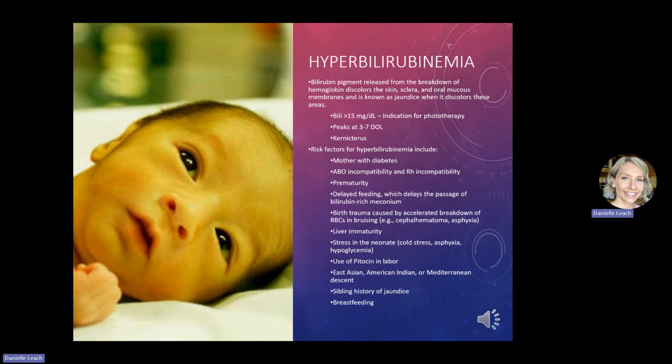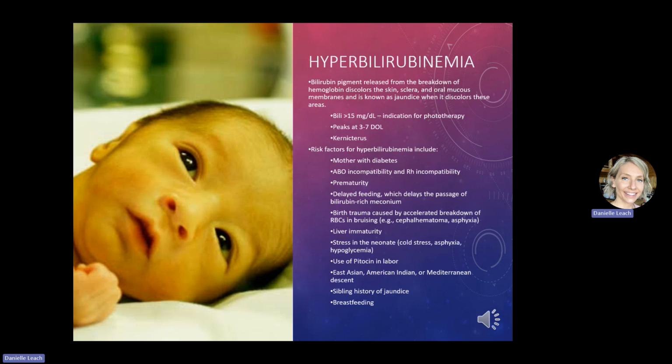So risk factors for hyperbilirubinemia include a mother that has diabetes, ABO incompatibility, and RH incompatibility. So that's when the mother and baby have different blood types. When the mother has type O blood and the baby has type A or B, basically an immune system reaction occurs and it causes excessive breakdown of RBCs.